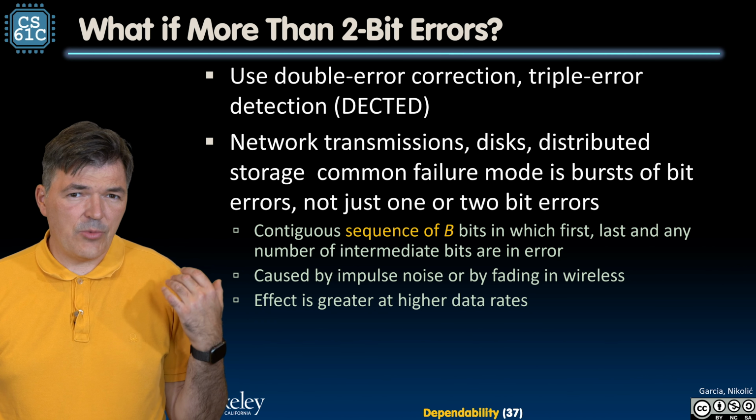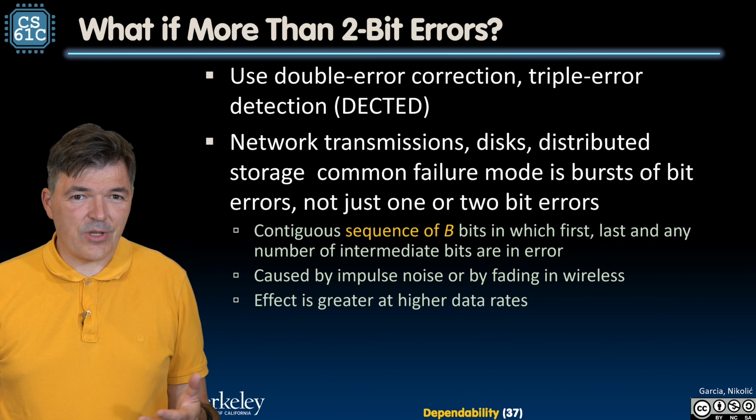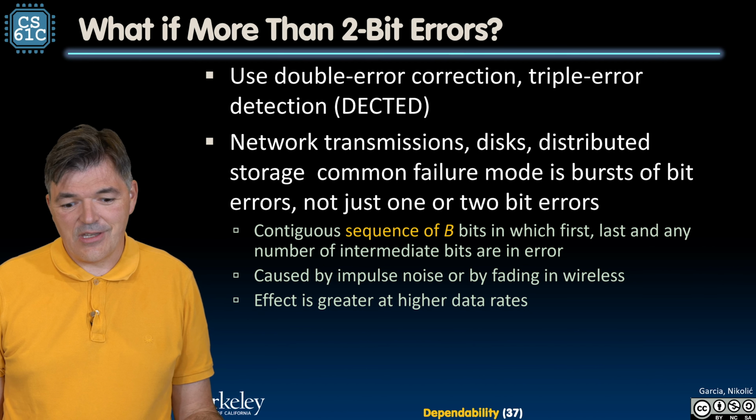But generally, when we work with something that is noisier than microprocessors, like sending data over Wi-Fi or network transmissions and so on, we are going to see a lot more errors. And these errors are often going to be bursty, and we're going to see different ways how redundancy is added.